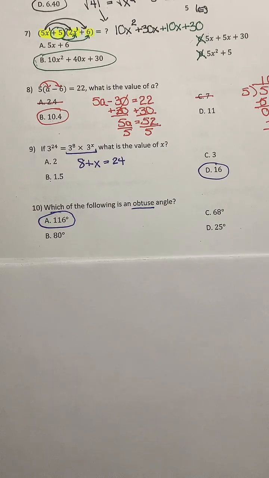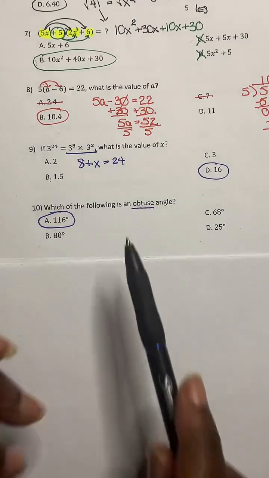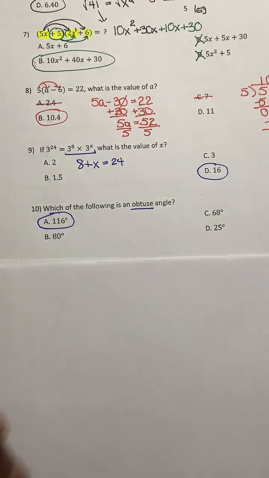So 90 degrees is exactly a right angle. Anything greater than 90 but less than 180 is an obtuse angle. And then an angle that's 180 degrees, you have a straight angle, and then you have your reflex.